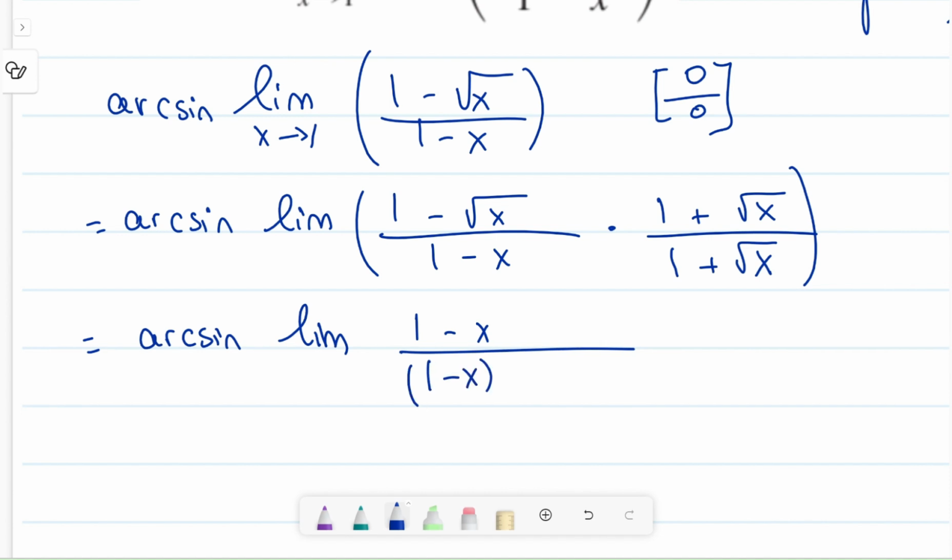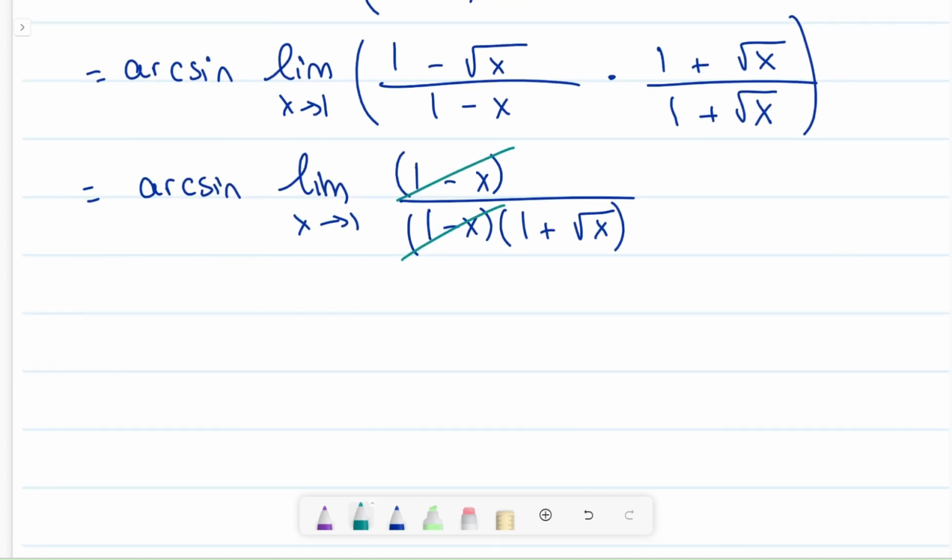And in the denominator, we are left with 1 minus x times 1 plus square root of x. And this is the limit as x approaches 1. We notice that we can cancel 1 minus x from the numerator and the denominator.